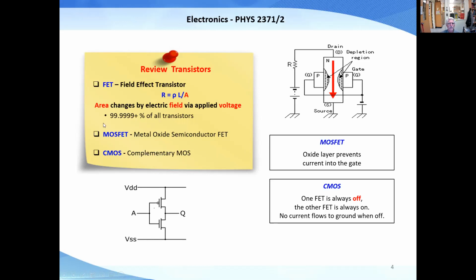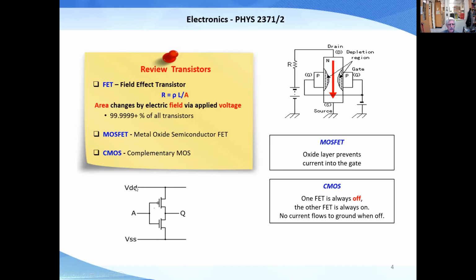That's the second thing. The third thing is CMOS, complementary MOS. That's very important. One FET is always off. Complementary means if you put a voltage on one FET, it turns on, then you have another FET that when you put a voltage on it, it turns off. So whatever input you have here on A, one of these things is always off.